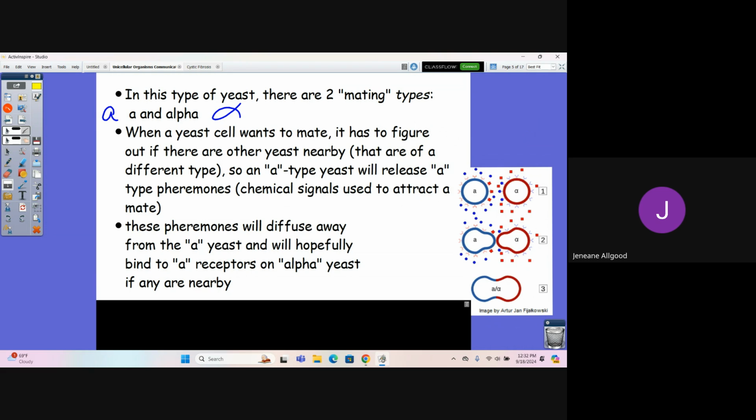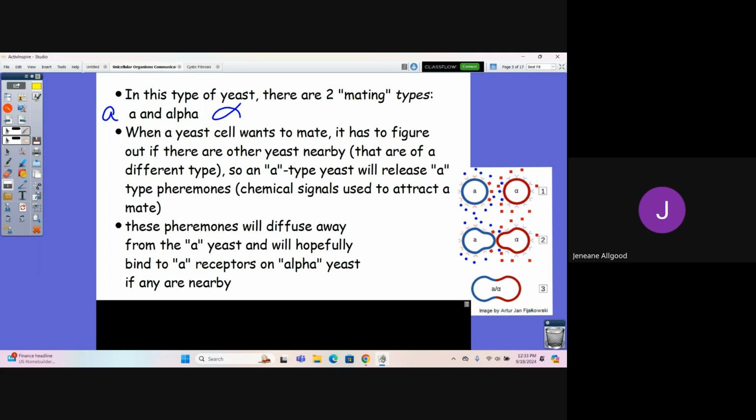Okay, so these pheromones will diffuse away from the A yeast and will hopefully bind to A receptors on alpha yeast if any are nearby. We know that the cell that secreted those A pheromones, obviously they're going to be in highest concentration around that A-type yeast.